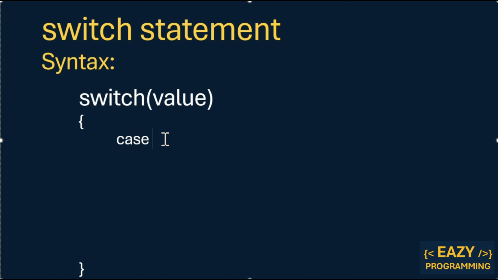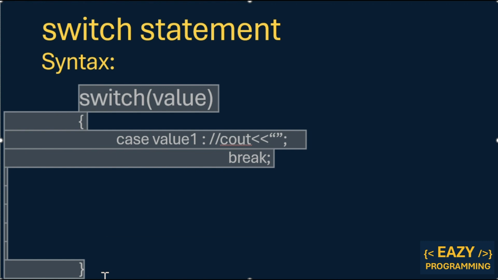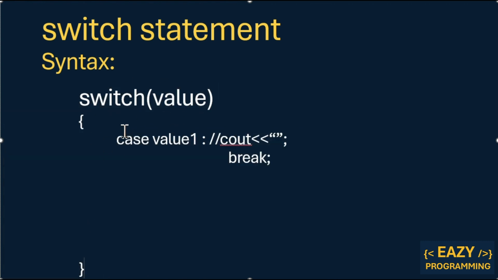So we write case value 1, then a colon, and here we write cout to print some statements for the first case. After that we write break.